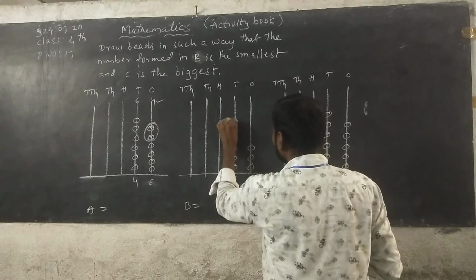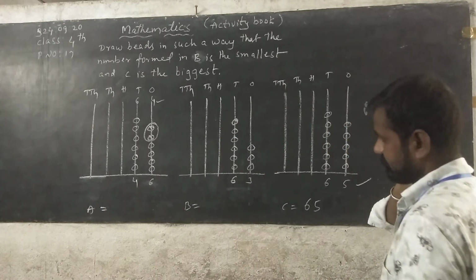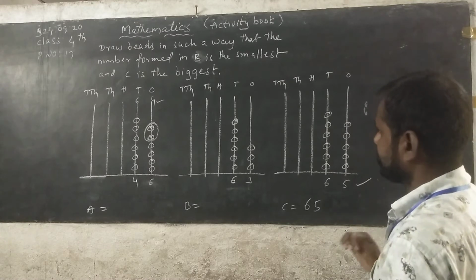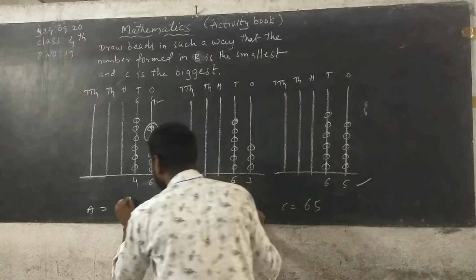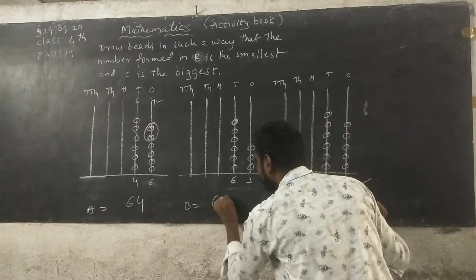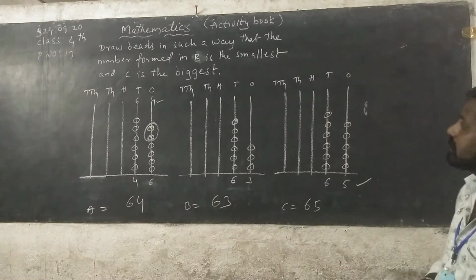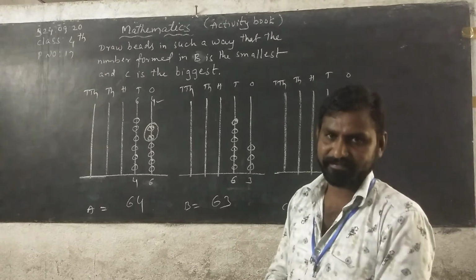in tens place, this is also correct. So here 64, here 63, here 65. See here, B is the smallest number, 63.